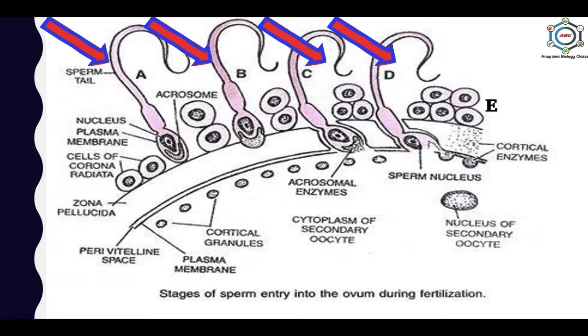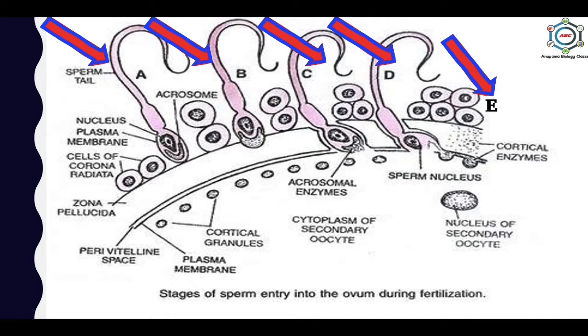And in the ovum, the female pronucleus is present, and here the mixing of the chromosomes of sperm and ovum occurs, which is called karyogamy or amphimixis. This process completes the act of fertilization, and after this, the ovum is in diploid condition and forms the zygote, and the mother is said to be pregnant.